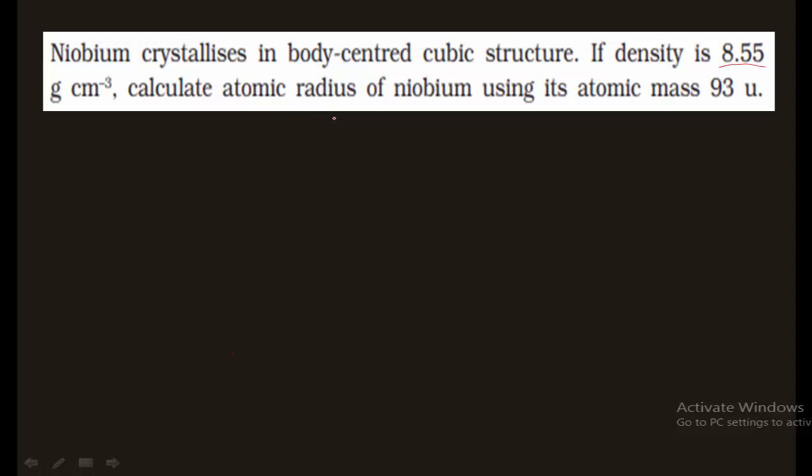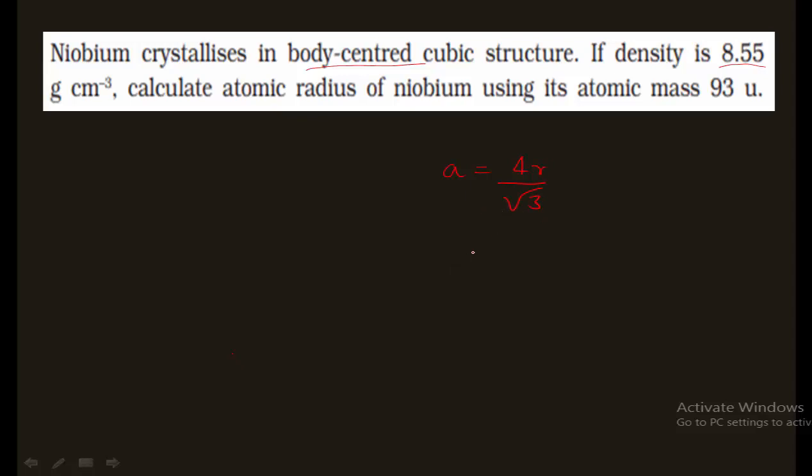So in order to find the atomic radius, first we have to calculate the edge length of the unit cell. Once we get the edge length, then we can easily calculate the atomic radius, because here the body centered cubic structure is given. That means A and R can be related as A is equal to 4R divided by root 3.